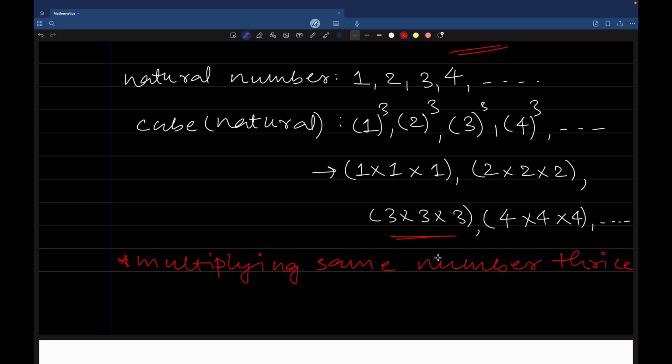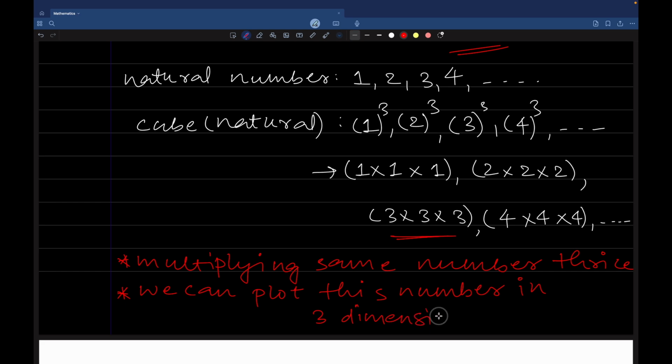Hence, we can plot these numbers in 3 dimensions. That is x cross y cross z, 3 dimensions.